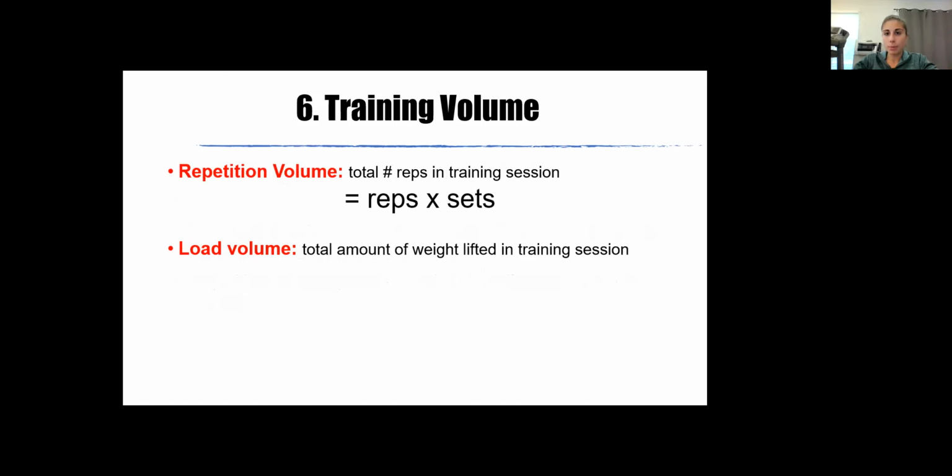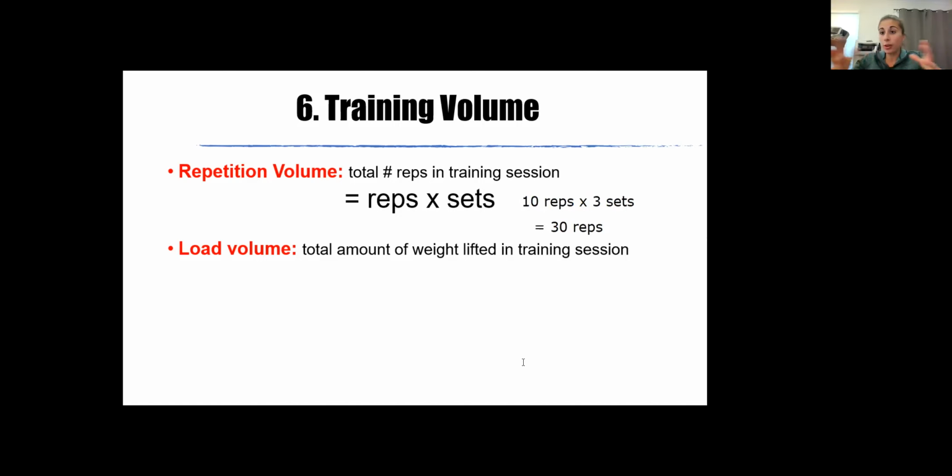So we can do an example. Let me draw here. So I did 10 repetitions and I did 3 sets, right? So what is my repetition volume? Well, 10 times 3, we're going to get 30 reps.